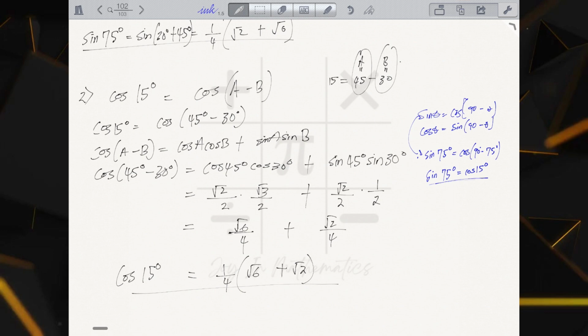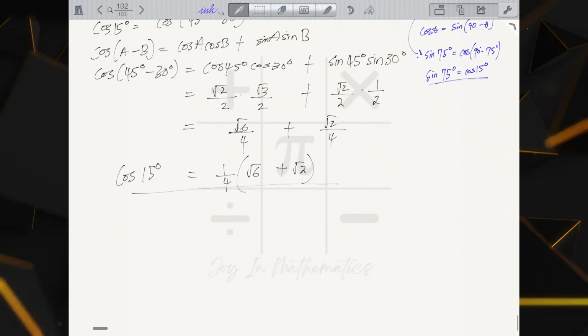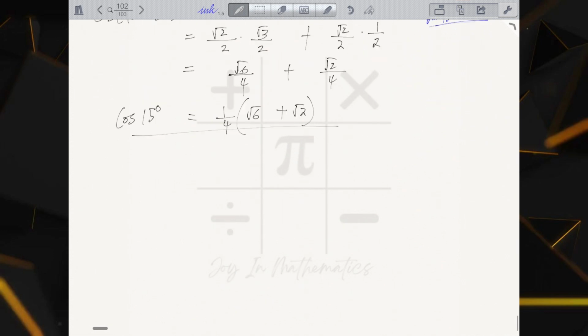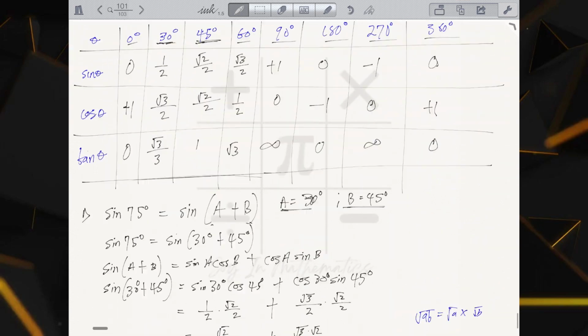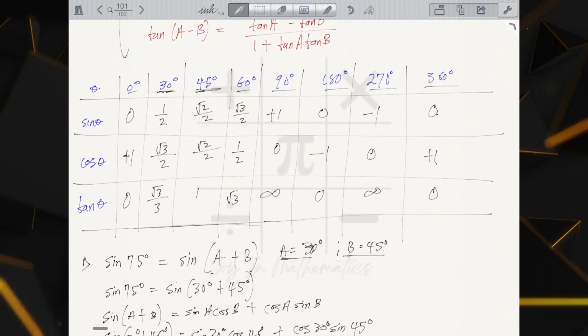Now let's take one more example before we call it a wrap on this lesson video. That's question number 3. We're asked to simplify cos 105 degrees. The question now is, what are the two angles we will add together, or subtract from one another, to get 105 degrees? Let's go back to our trigonometric special angles table, where we'll have 60 degrees, 90 degrees, and we are looking for 105 degrees.